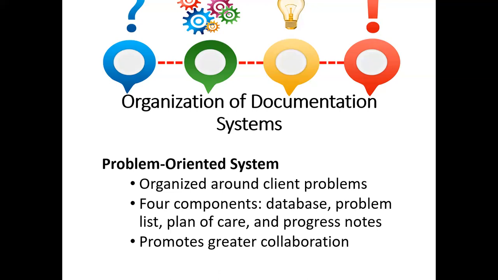And the third positive is that each discipline has ready access to finding the other health team members' input. It requires a cooperative spirit amongst healthcare providers, as well as diligence in maintaining a current database and problem list. So if you do not have good collaboration, this system can become difficult.